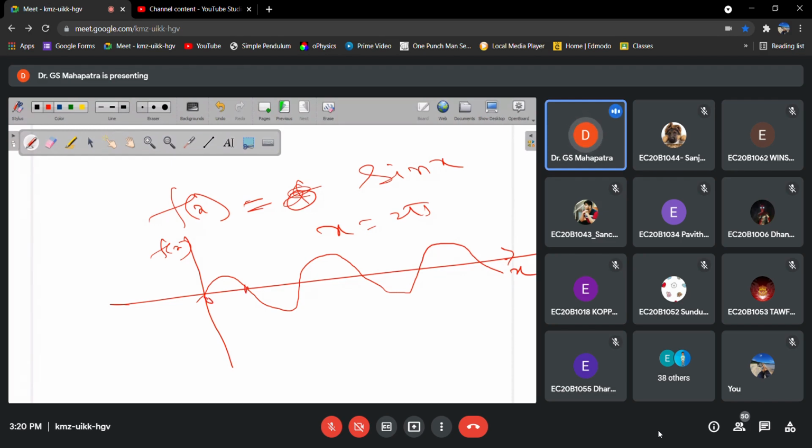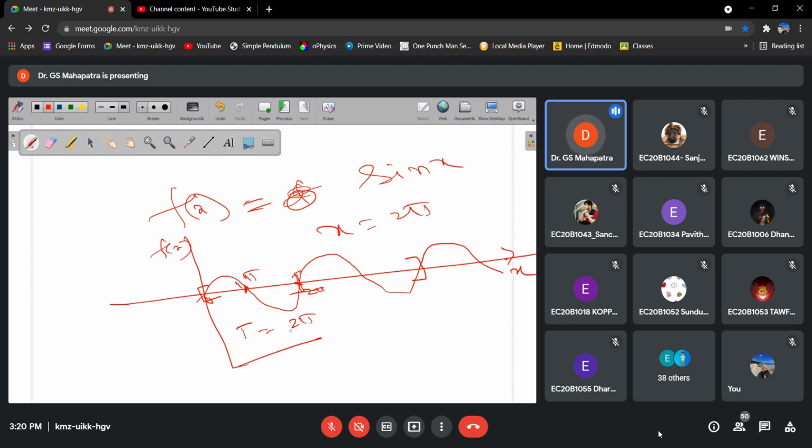This one is what? Pi, sir. Pi. Very good. This one is twice pi. Correct now. So you just see, if you consider this one, same figure is coming. If the drawing is not same, then also you have to consider it is the same drawing. So this is the function having 2 pi as a period, and the function is called periodic function.